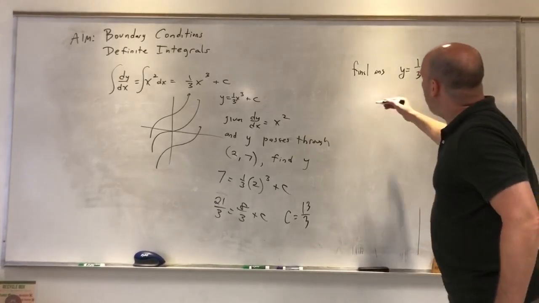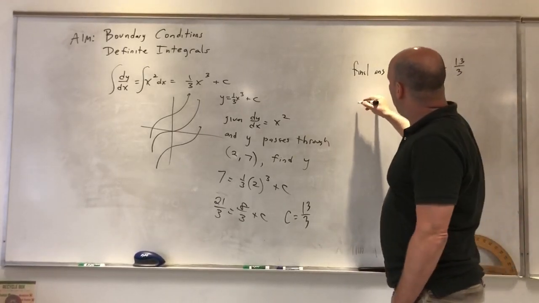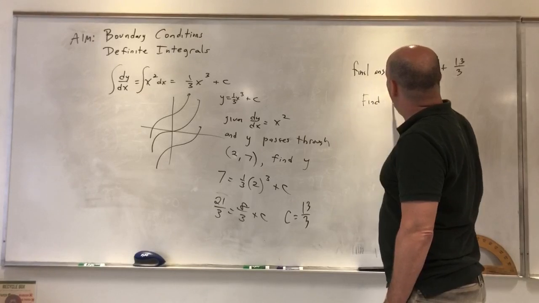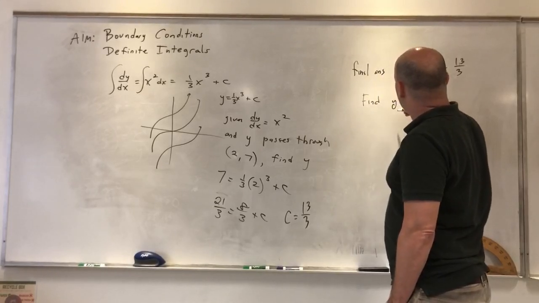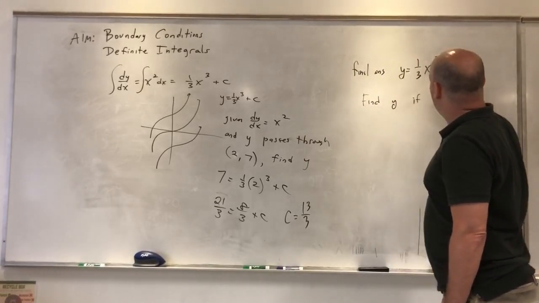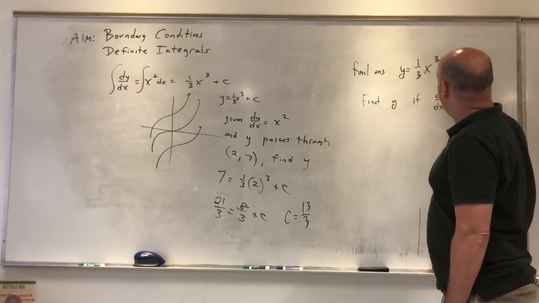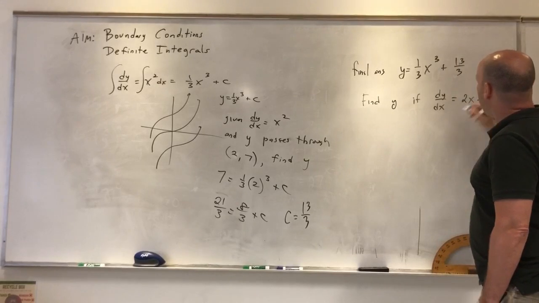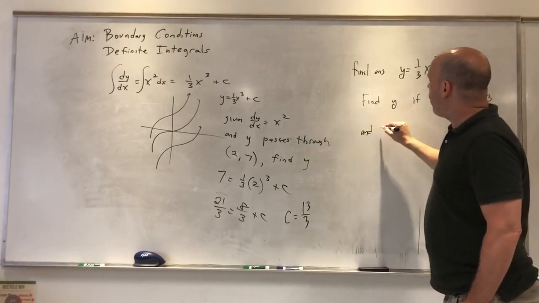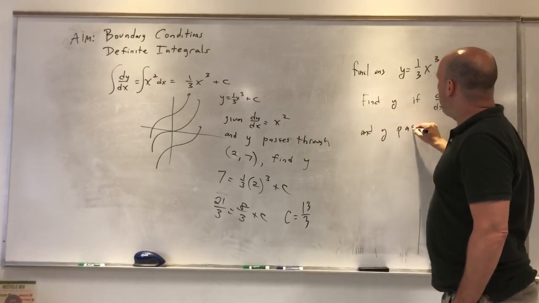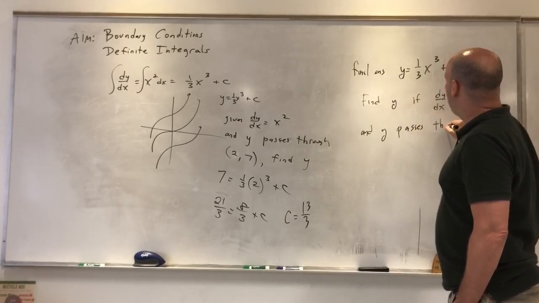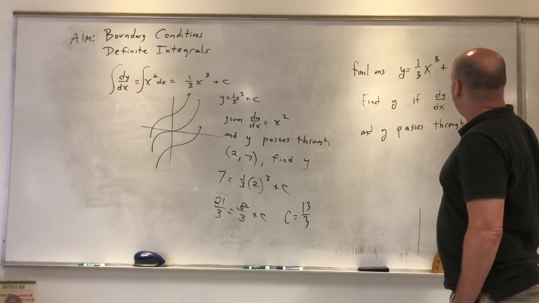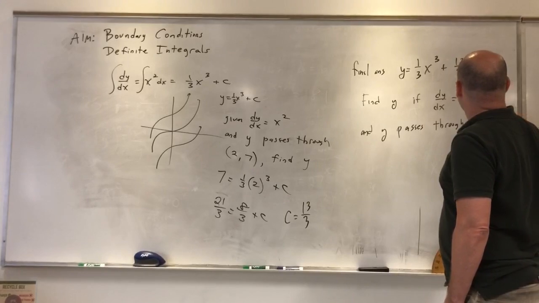Try this one. Find y if dy over dx equals 2x plus 3 and y passes through, how about -1, 11.